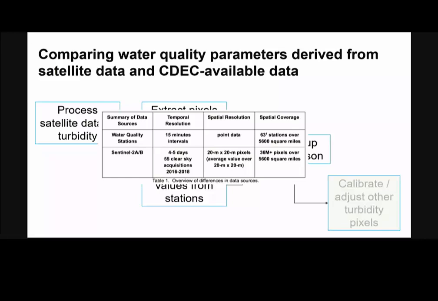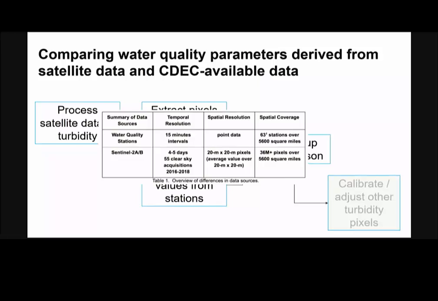On the flip side, when you're looking at remote sensing data, for example with Sentinel-2 or with Landsat, you're getting an acquisition every 4 days or maybe every 2 weeks. And so in comparison to the 15-minute aggregation, we counted up about 55 clear day incidences between 2016 and 2018.